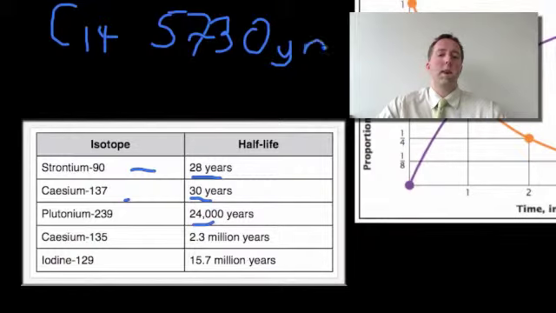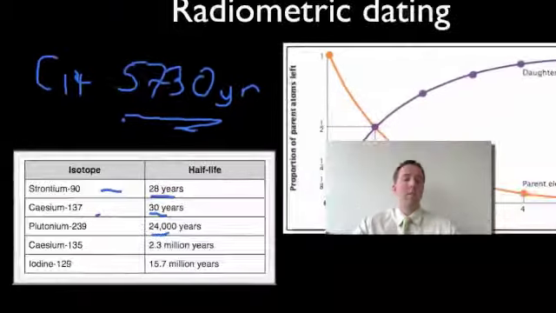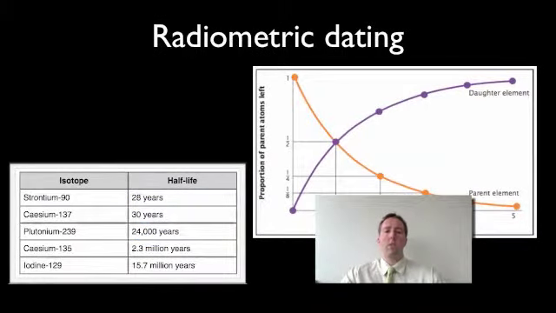So by looking at the amount of carbon, in fact the proportion of carbon-14 that decays to nitrogen, by looking at the amount of carbon in living things, and all living things have a bit of carbon-14 in them, we can then deduce pretty much precisely when that thing was alive. So radiometric dating uses these half-lives of radioactive isotopes, and then we can use that to tell us how long ago things were existing on Earth.